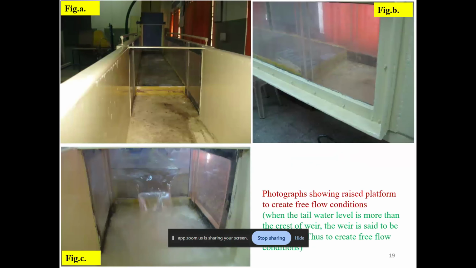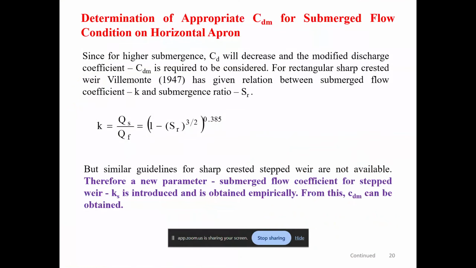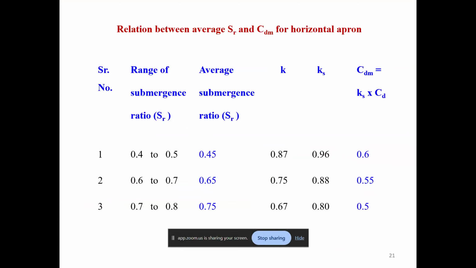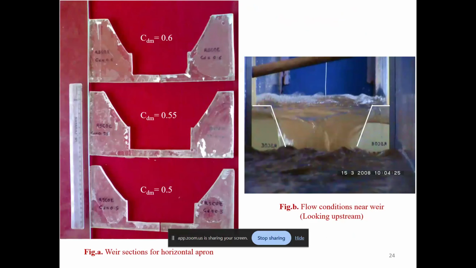First of all, the experiments have been carried out in the laboratory to test the design of the end weir which we have developed, which is normally the last part of the stilling basin. This is the laboratory weir, and it has been tested in the tilting flume in the fluid mechanics laboratory, and the results are found good.